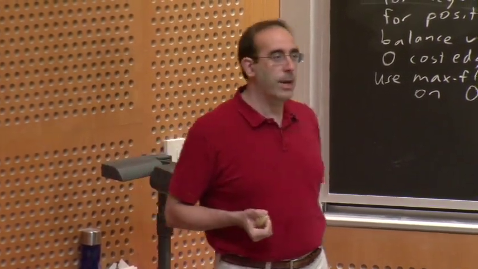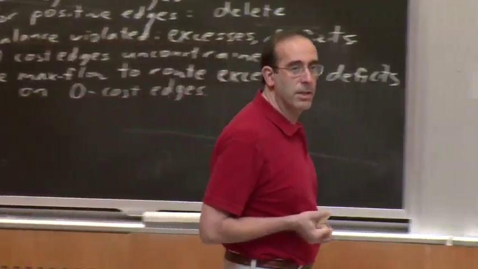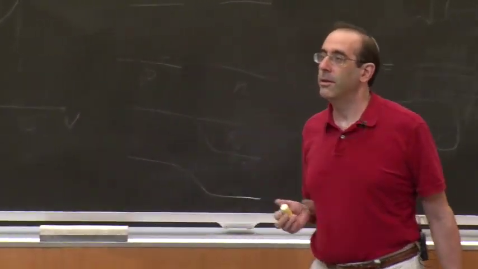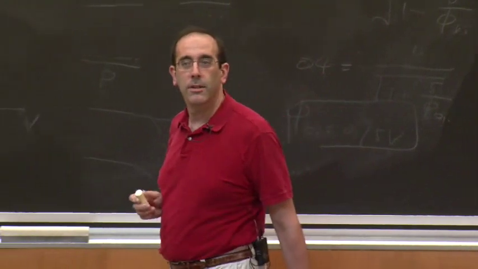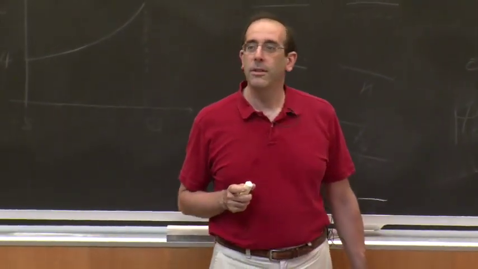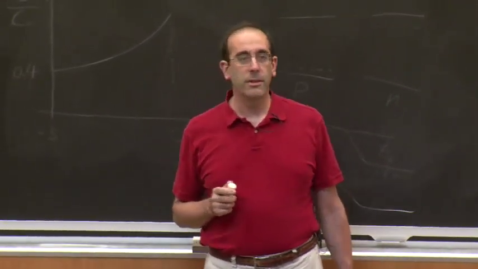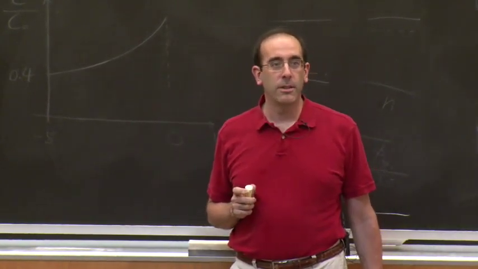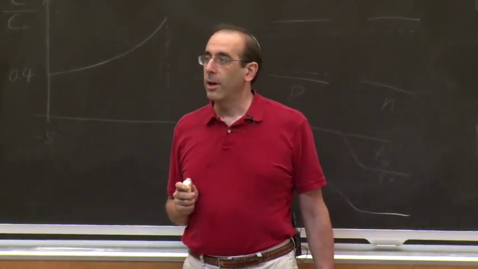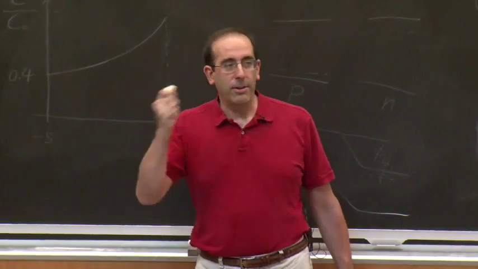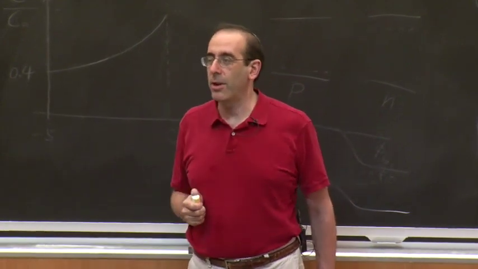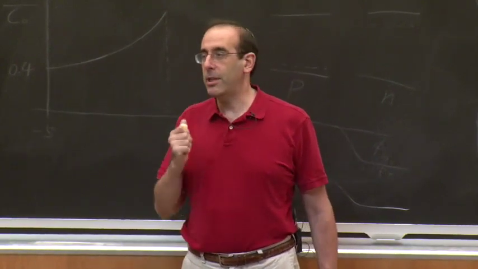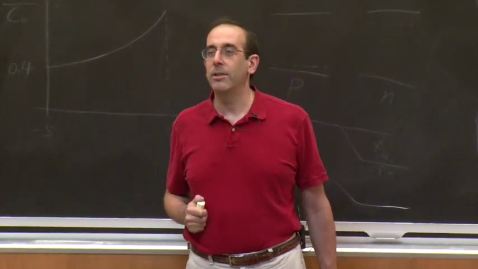Maybe there is no way to route the excesses to the deficits on the zero cost edges. I claim that, in fact, there is a way to route the excesses to the deficits on the zero cost edges, but why do I know that this is true? Maybe I'm just an optimist.